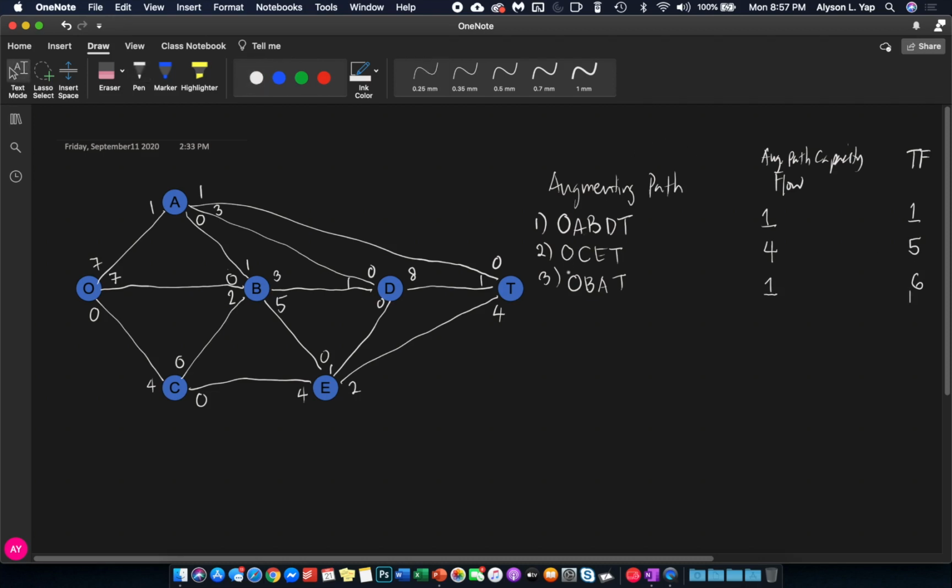Now, before we move on and actually update the residual capacities, let me point out first that you are letting one unit move from B to A. And why is that very important to note at this point?